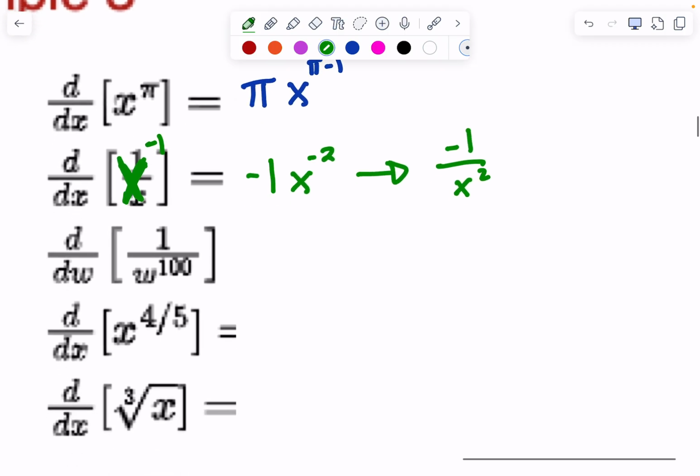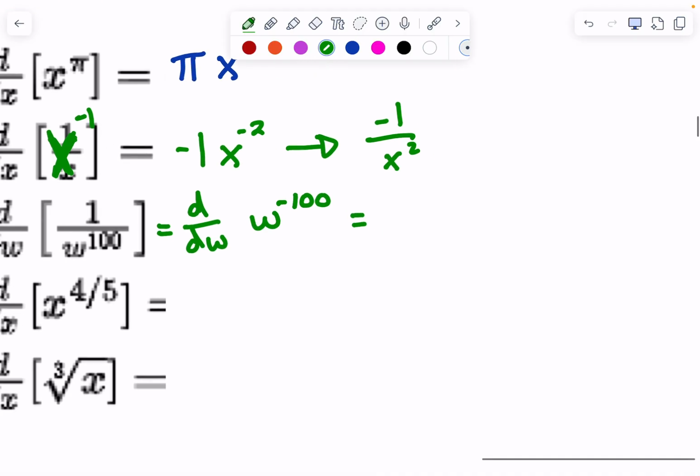Okay, so this guy, if I rewrite it, w actually is my variable, not x, okay? This is w to the negative 100th power, right? Okay, so now if I take his derivative, negative 100, w to the negative, nope, you're subtracting 1.